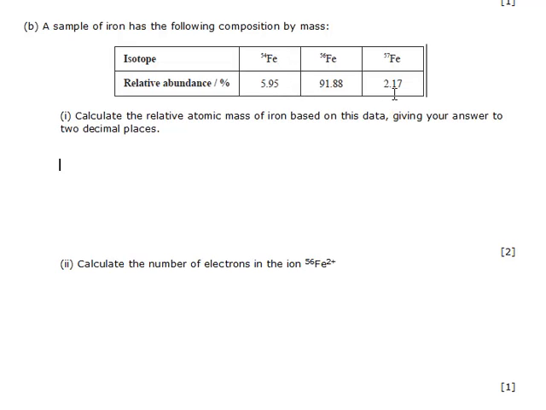Okay, right, so there's 3 isotopes, so the relative mass will be the weighted average of the 3.